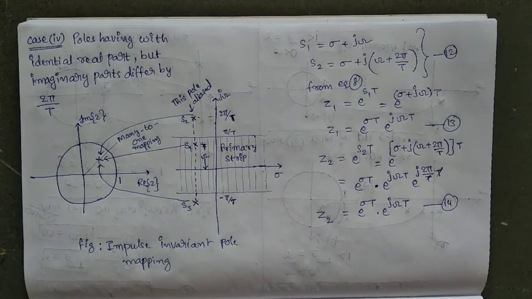This method is not successful for implementing digital filters such as high pass filters. This is about the impulse invariance technique to design IIR filters from analog filters. Thank you.